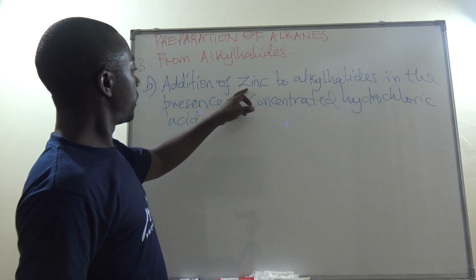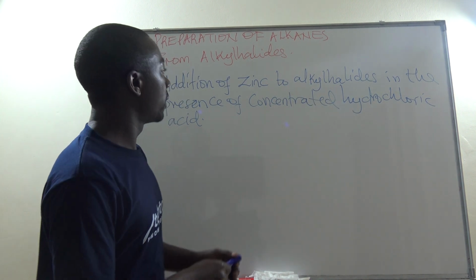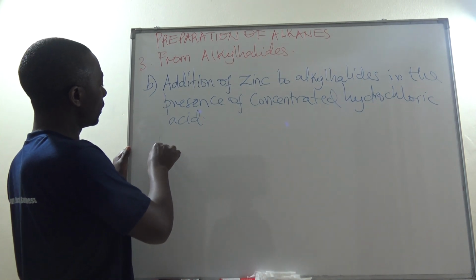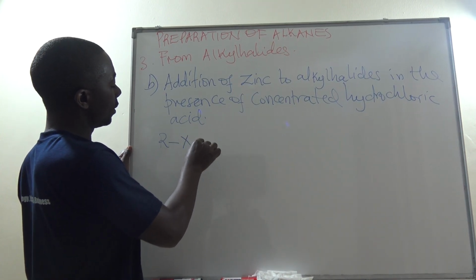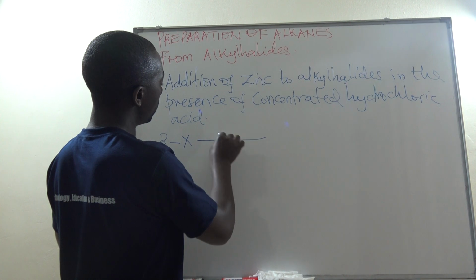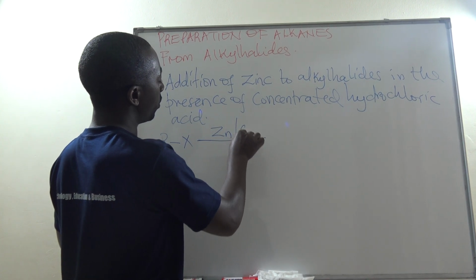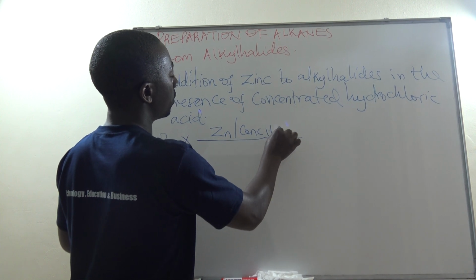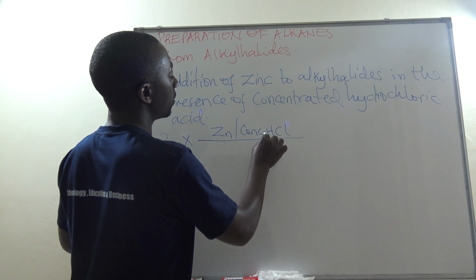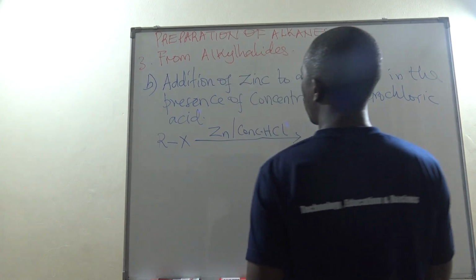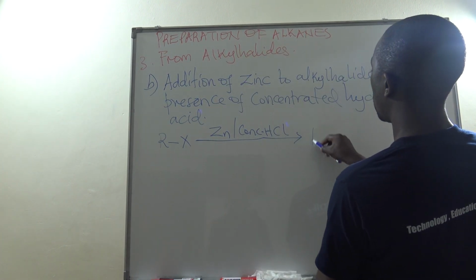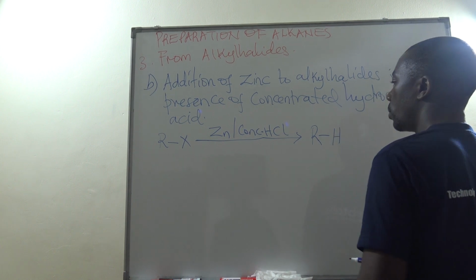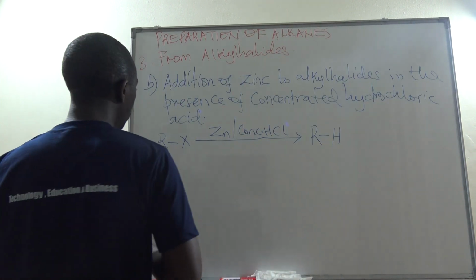Now, the combination of zinc and hydrochloric acid reduces the alkyl halide to form an alkane. So this is RX reacting with zinc in the presence of concentrated hydrochloric acid, and then we shall be able to produce RH.